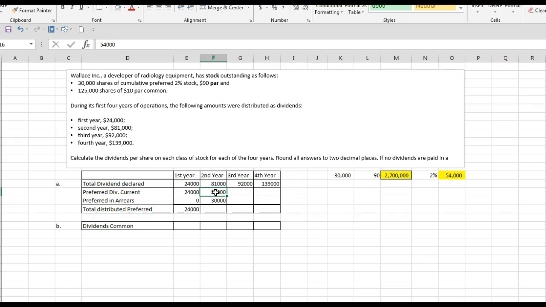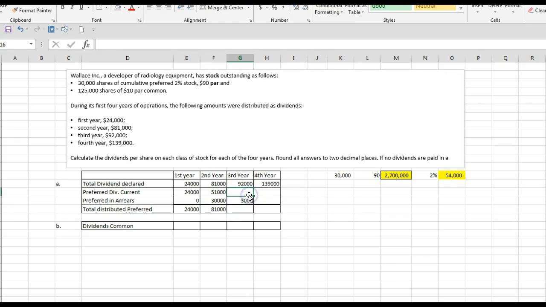So they're only going to pay 51,000 in the current one, and they're going to pay the one that's in arrears. So they've paid a total of 81,000. But now there's $3,000 that hasn't been allotted for, so that goes into arrears here.